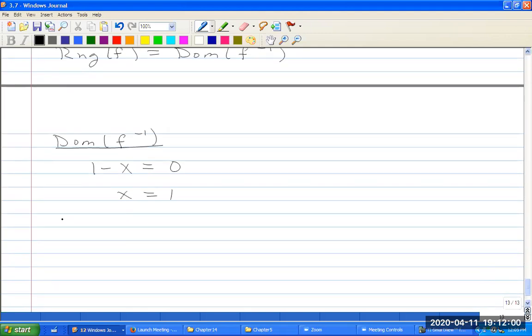So the domain of f inverse is the set of all x's not equal to 1.